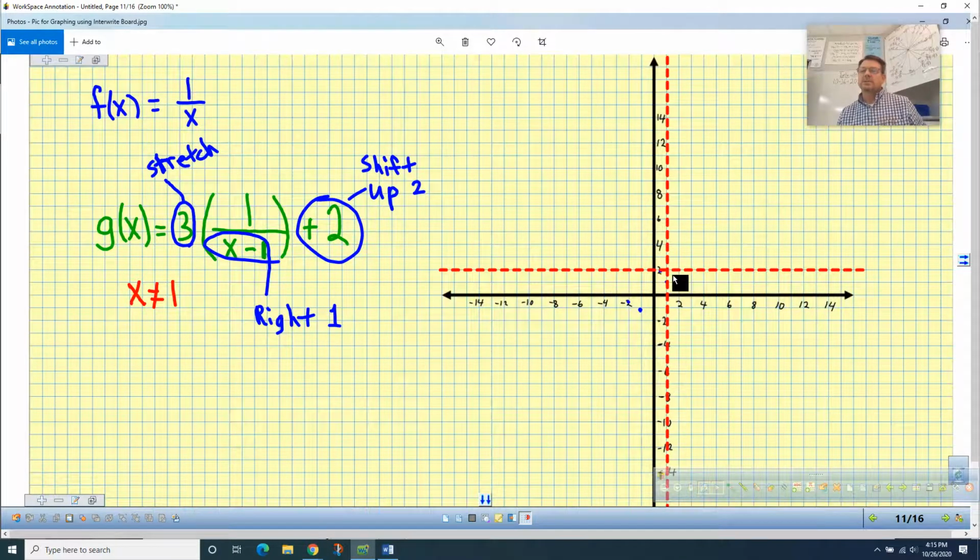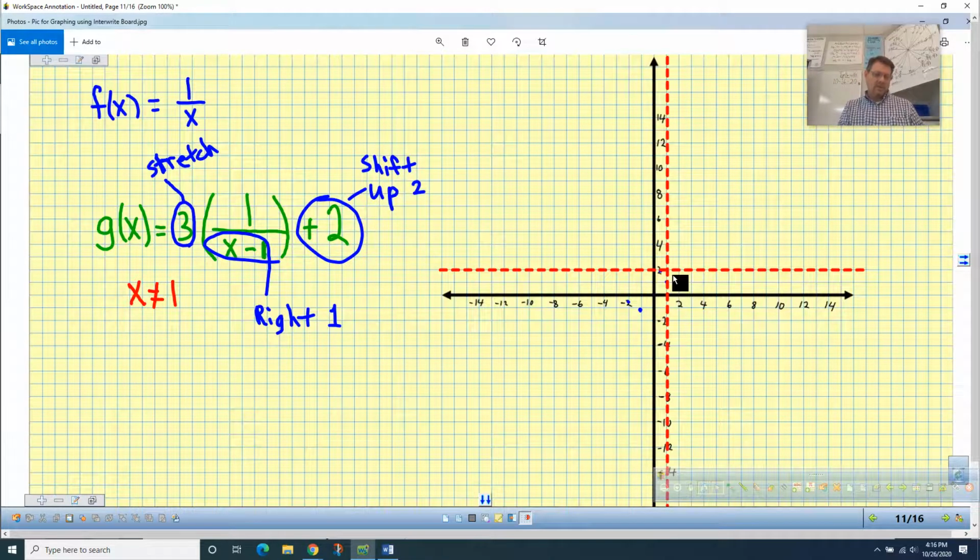We got our asymptotes in place, so that's what we do first. Then I took the parent function and shifted it over to show you how that would go. But since it's stretched, we're going to need to plug in some of those exact points.